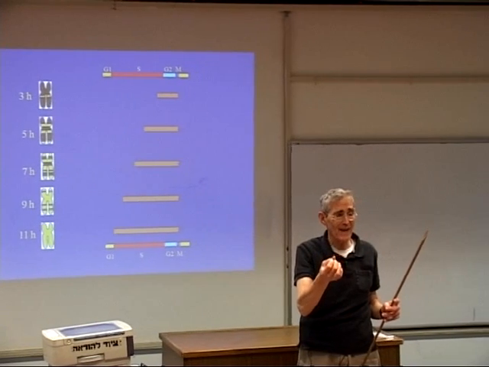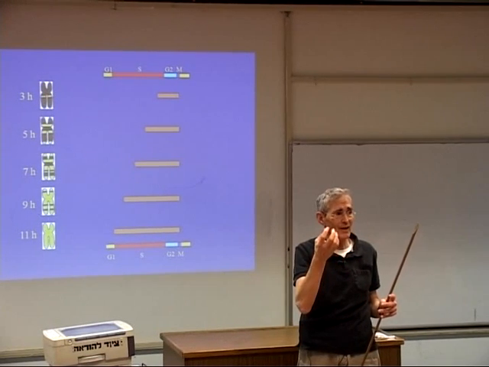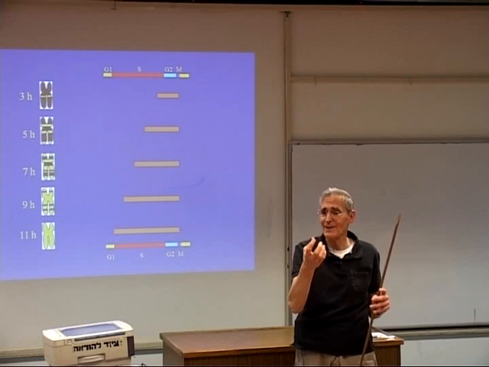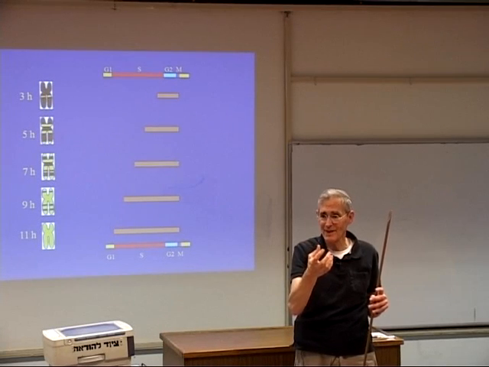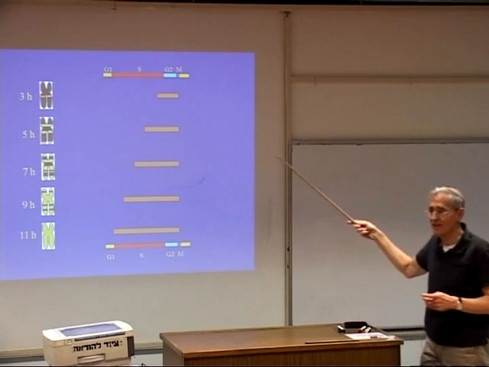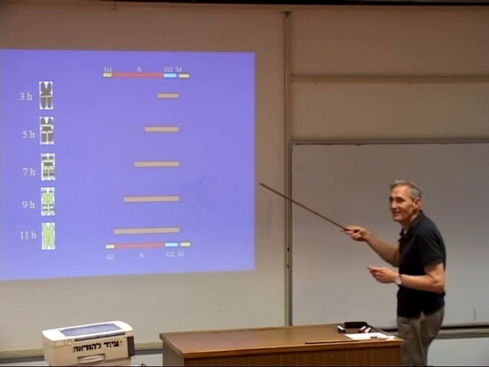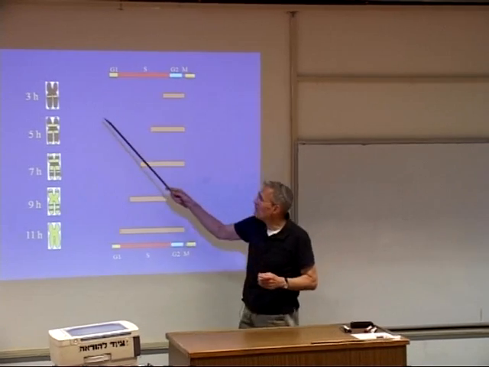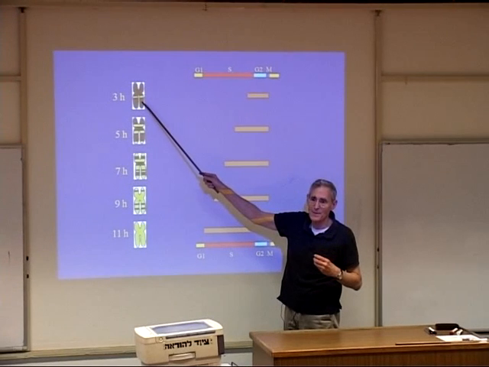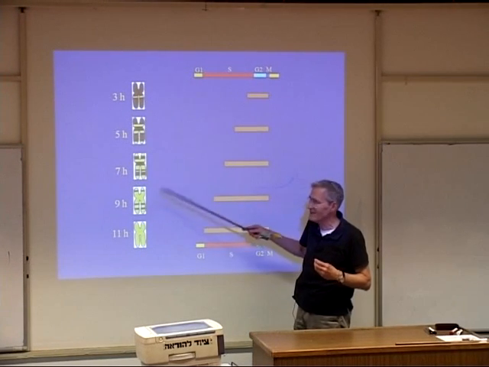The Giemsa bands represent basically the open regions of the chromosome. Late replication is the opposite of that. So what replicates late is a non-Giemsa band. What replicates early is a Giemsa band.